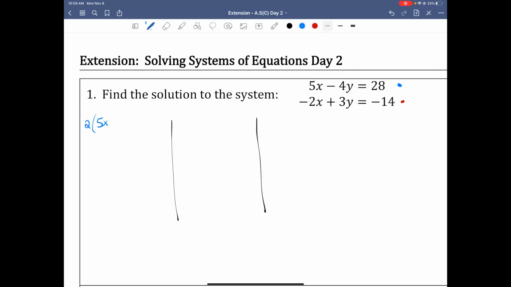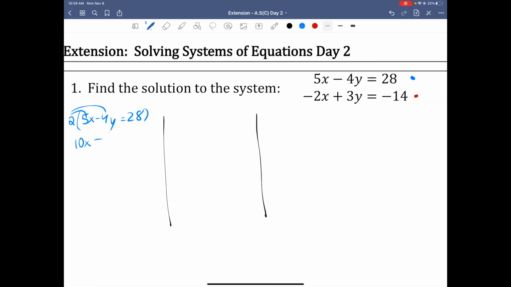And so 2 multiplied by my blue equation will give me 2 times 5x, which is 10x, 2 times negative 4y, which will be negative 8y, is equal to 2 times 28, which will be 56. Once I do that, I will copy and paste that equation into the second column. 10x minus 8y is equal to 56.